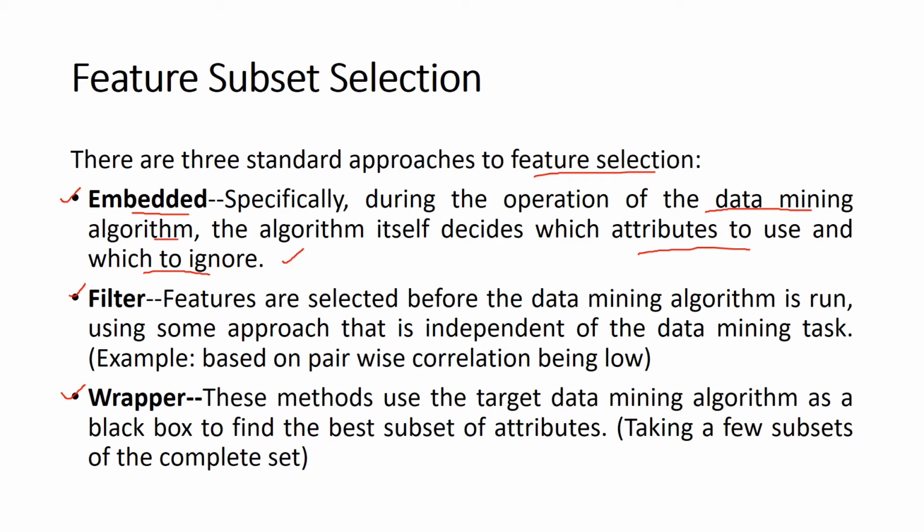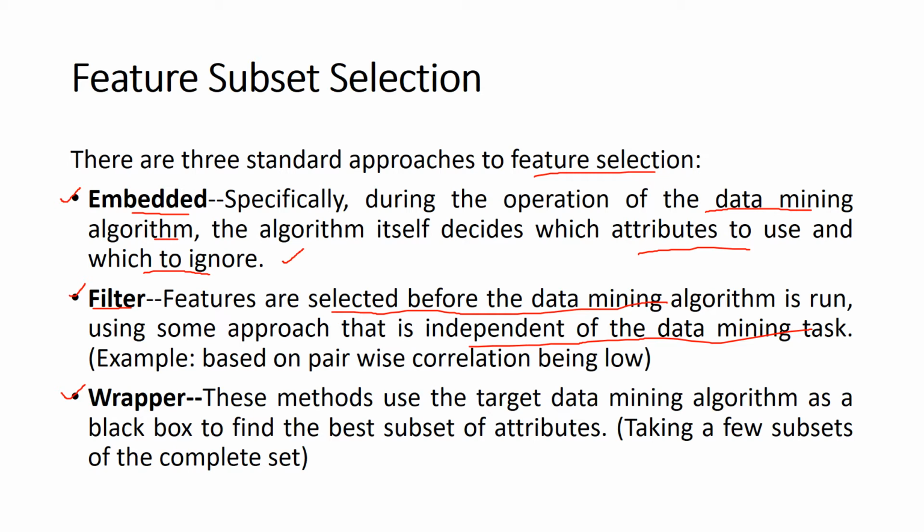Coming to the second one, which is the filter approach. In the filter approach, features are selected before the data mining algorithm is run. So how do we do it before the data mining algorithm is run? We use some approach that is independent of the data mining task, because we are not using any data mining algorithm like in the case of the embedded approach.